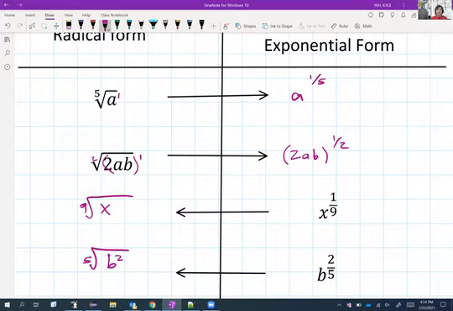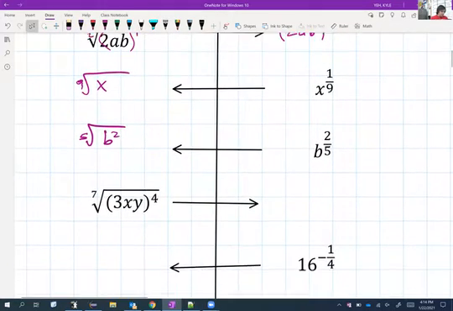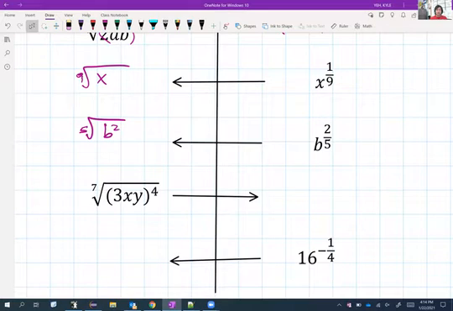The 5th root of b squared, 2 over 5, so the 2 goes on the inside, the 5 is the index of the root. And just a couple more, 3xy to the 4th, but then we're taking the 7th root of that, parentheses, 3xy to the 4/7 power.